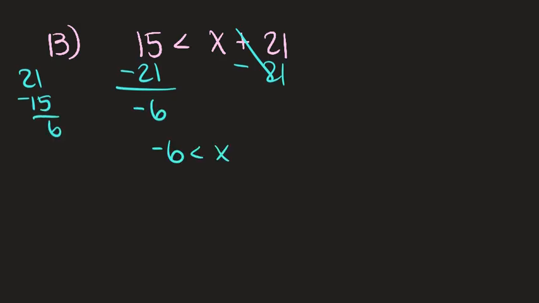So that could be my answer, but the better answer is to reverse it, because then that shows me it's an open dot to the right. If you typed either of these in, those are both correct answers. However, this is the one that's going to help us when we have to graph it to know that it's going to the right.